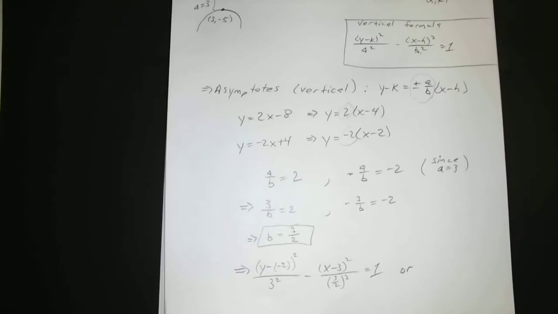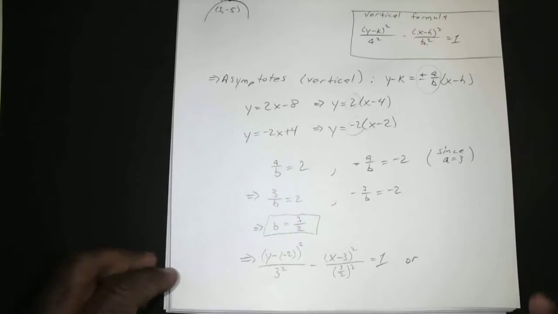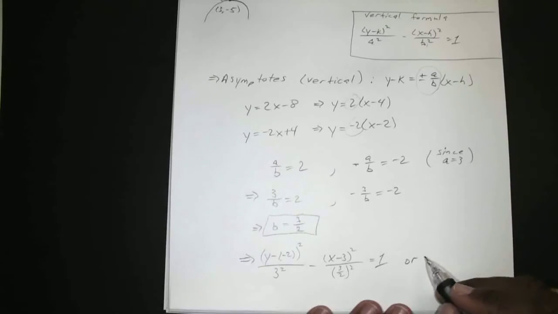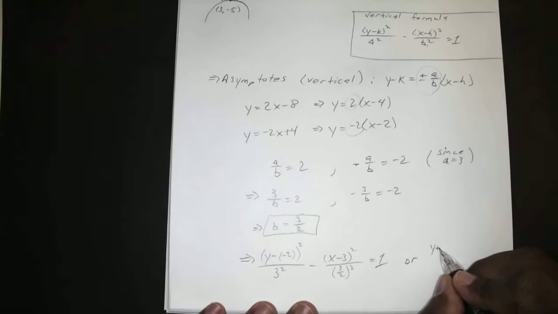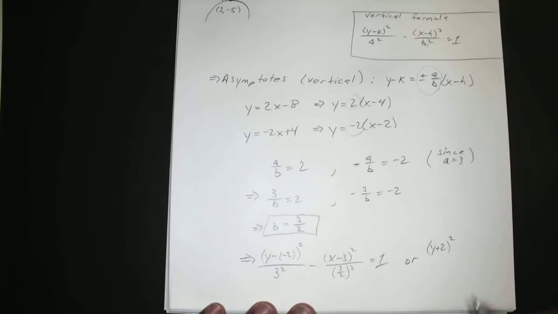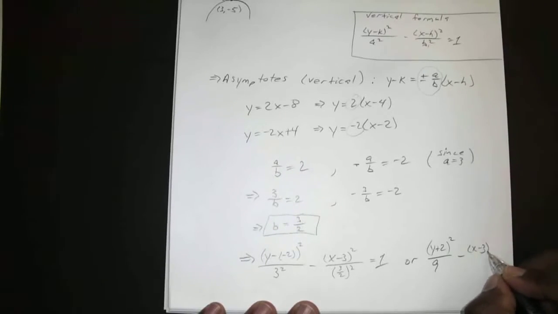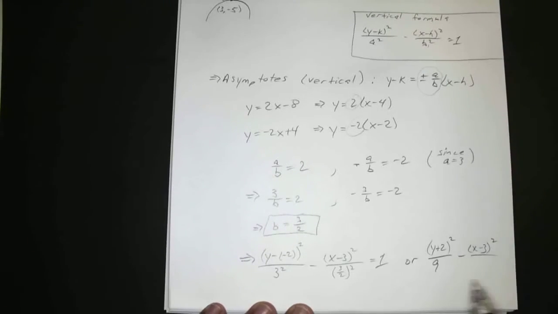Or sometimes you can leave it like that, and sometimes they'll kind of trip you up a little bit. The reason why is because you can have (y plus 2) squared over 9, minus (x minus 3) squared. (3 over 2) squared is 9 over 4.